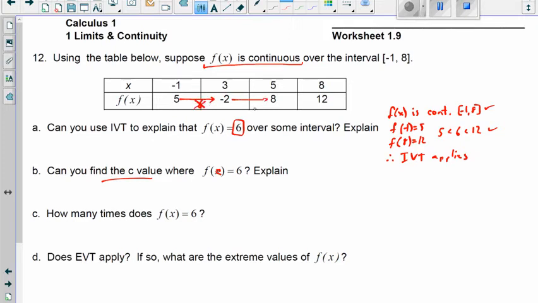Negative 2 to 8. There does have to be a 6 in there between those two. We can narrow it down that far. 8 to 12? No. 6 doesn't have to be in there. Could. So can we find the c value? We could say it's somewhere in the 3 to 5 x value range, but we can't find it.